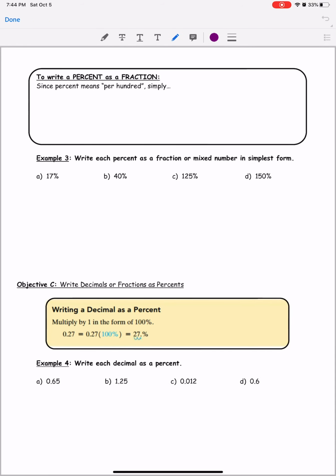So this one's going to be similar. Now I want to write a percent as a fraction. This one's going to be a 2-step process.